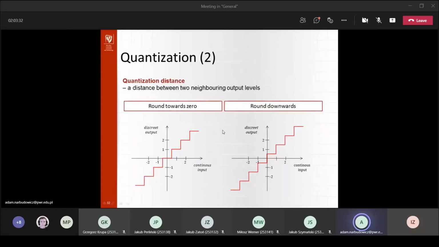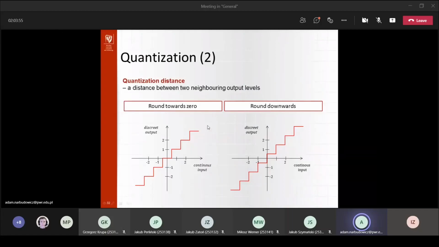So those are typical functions of quantizers. Over here we have a continuous input, and this input is translated into a set of discrete steps, a discrete output of the quantization. In that case, it's 1, 2, 3, 4, 5, 6, 7 different steps.